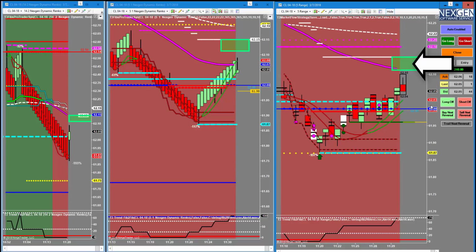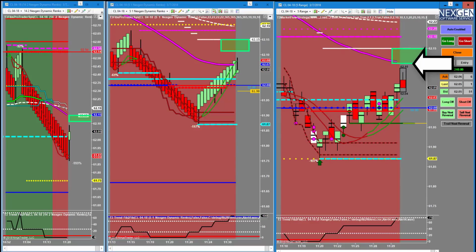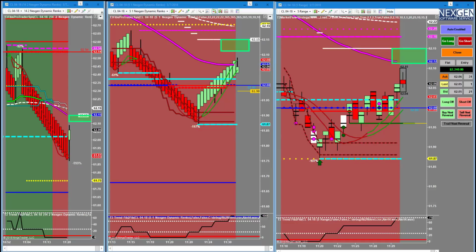Again, waiting for the right spot when your small triggers are above your synthetic triggers is very, very important. It's better to miss a trade than to get in at the wrong spot and take a loser. So again, this is another visual representation of strong small triggers above our synthetic triggers.